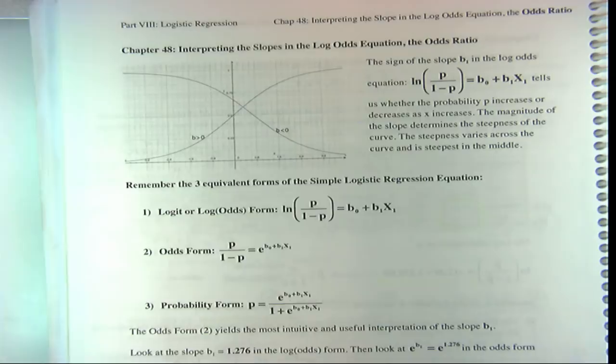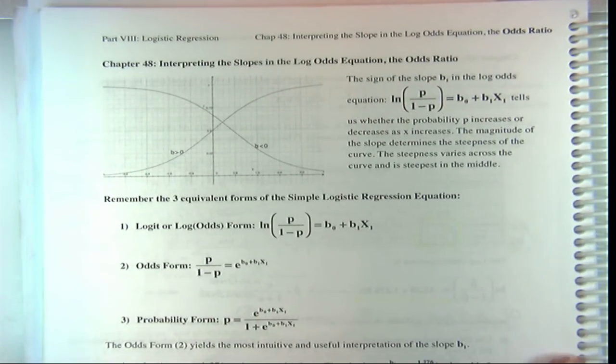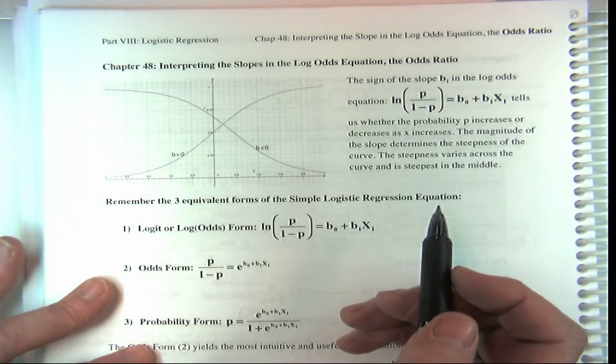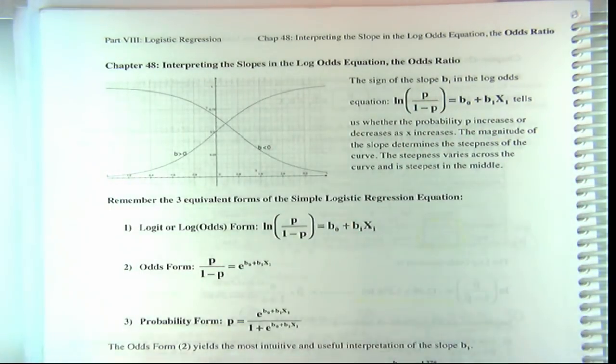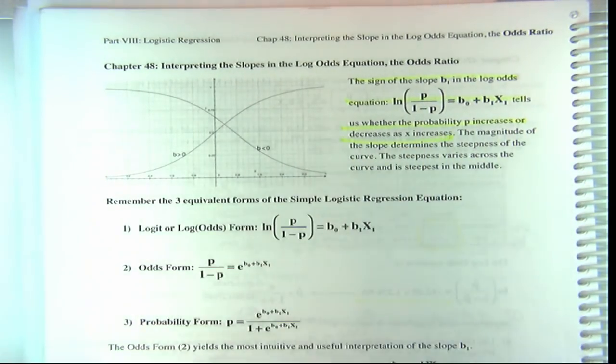All right, so let's look at this curve here, and let's interpret the slopes here. Do you see how the sign of the slope in the log odds equation tells us whether the probability is increasing or decreasing?